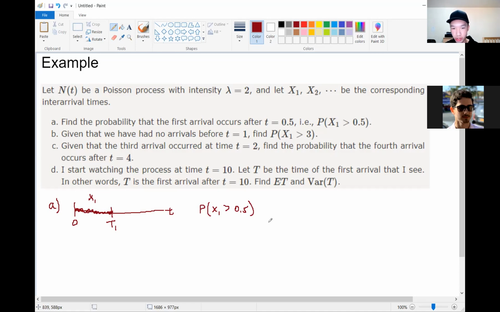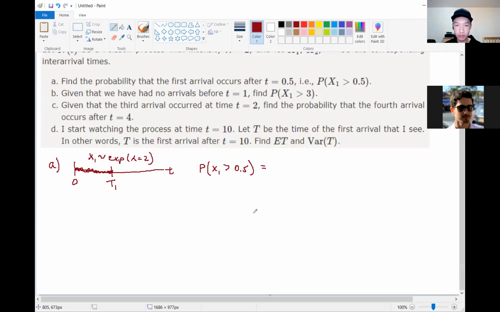To answer this, we have to know what distribution x sub 1 follows. Because x sub 1 is an inter-arrival time, it follows an exponential distribution, exponential with lambda equals 2. Does anyone remember the details of the exponential distribution?